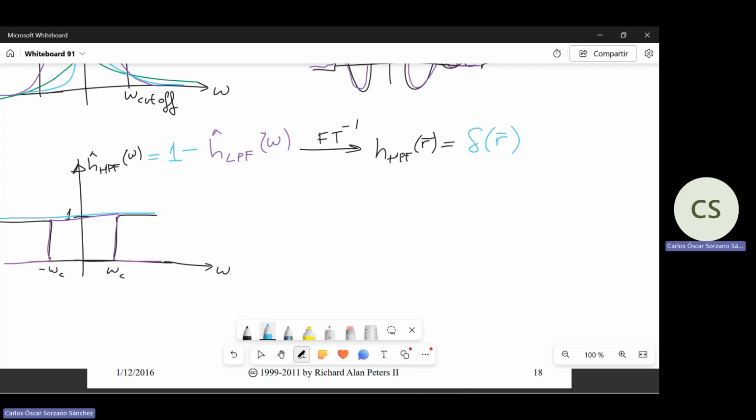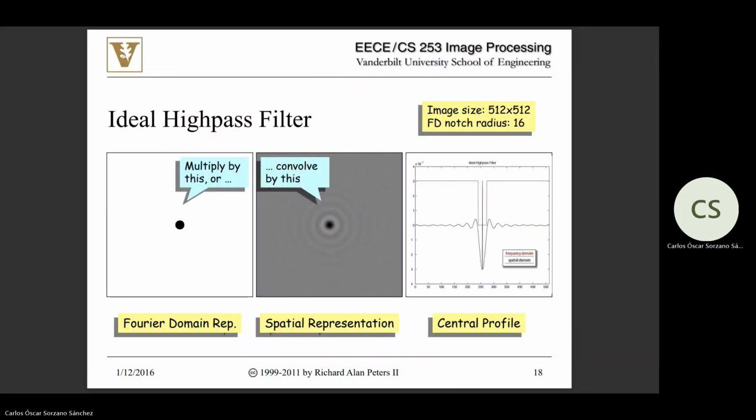And now minus the impulse response of the low pass filter. So it will be a delta minus a sinc. See if that is true. So this is the high pass filter, and this is the impulse response of that. The impulse response looks like a delta minus the sinc. Okay. So we are convolving with this.